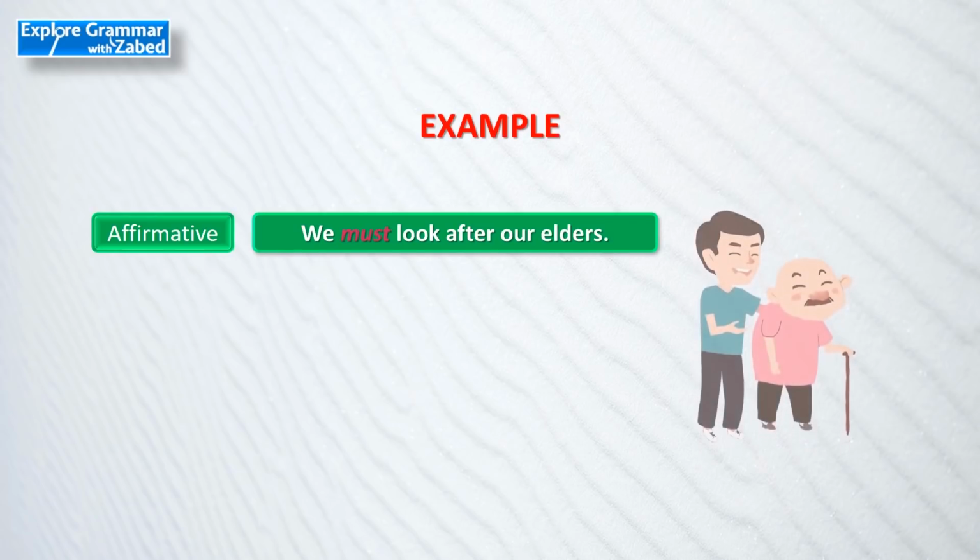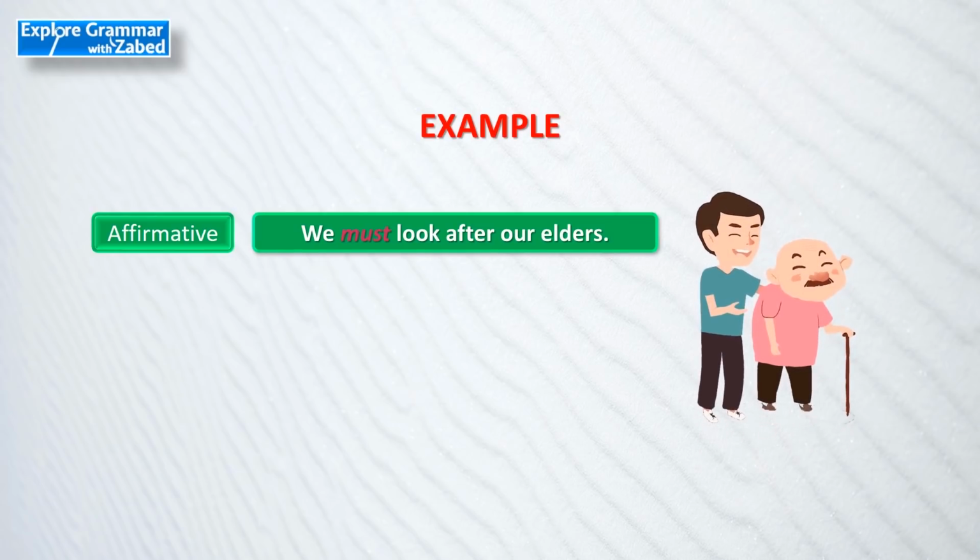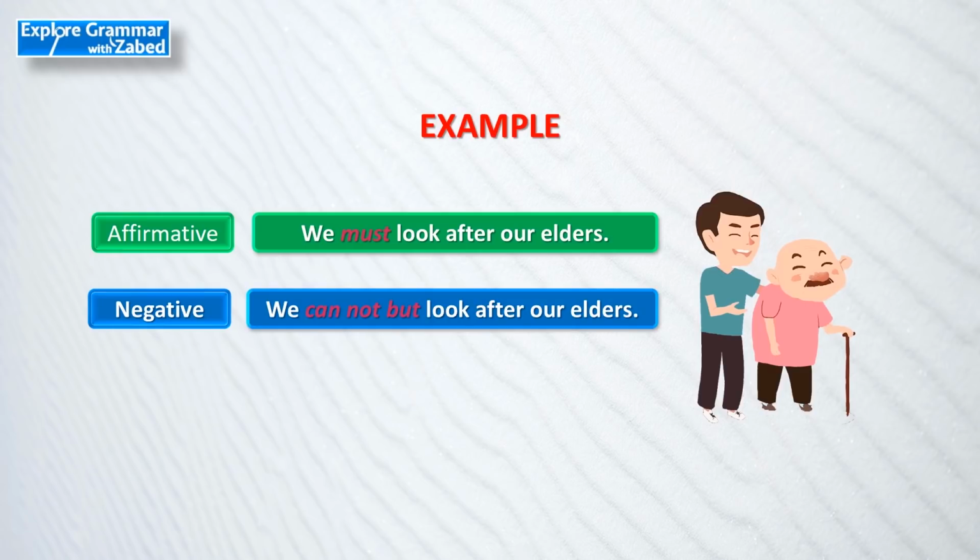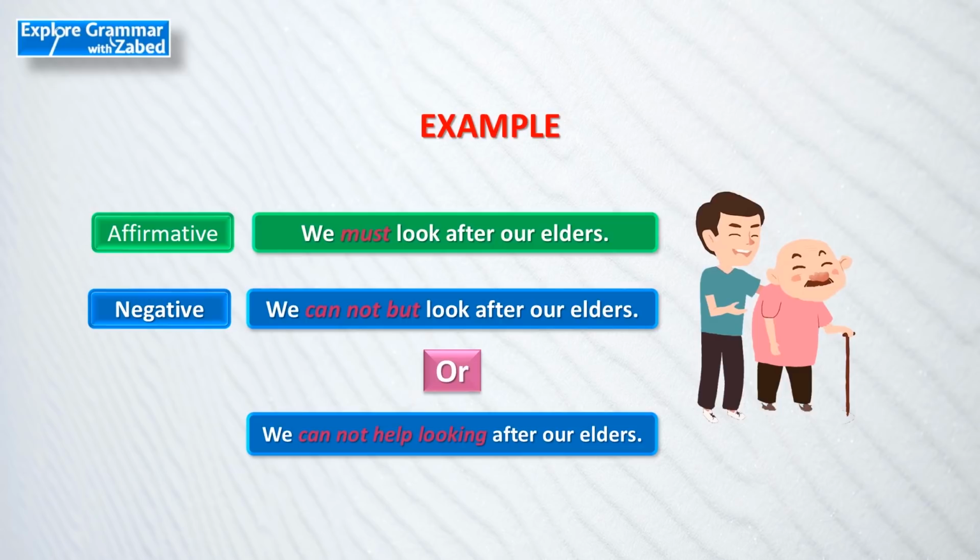Let's try to understand it with the help of an example. We must look after our elders. Converting to negative, it becomes we cannot but look after our elders or we cannot help looking after our elders.